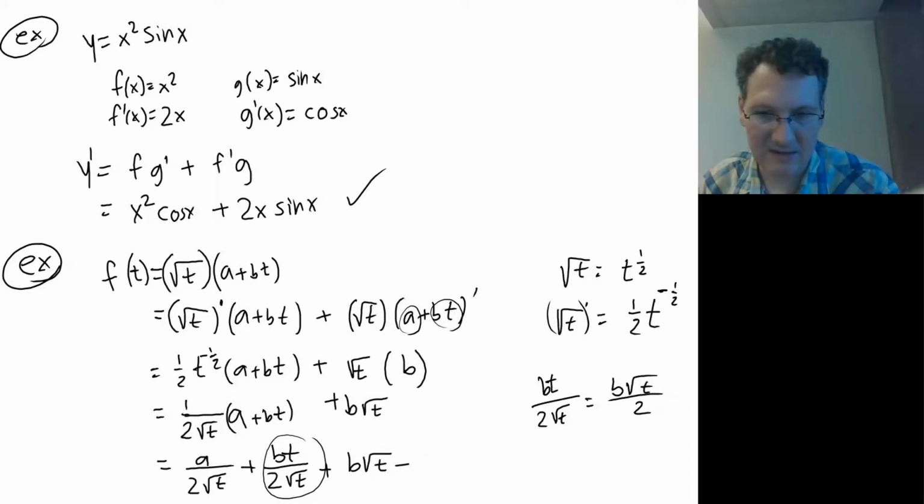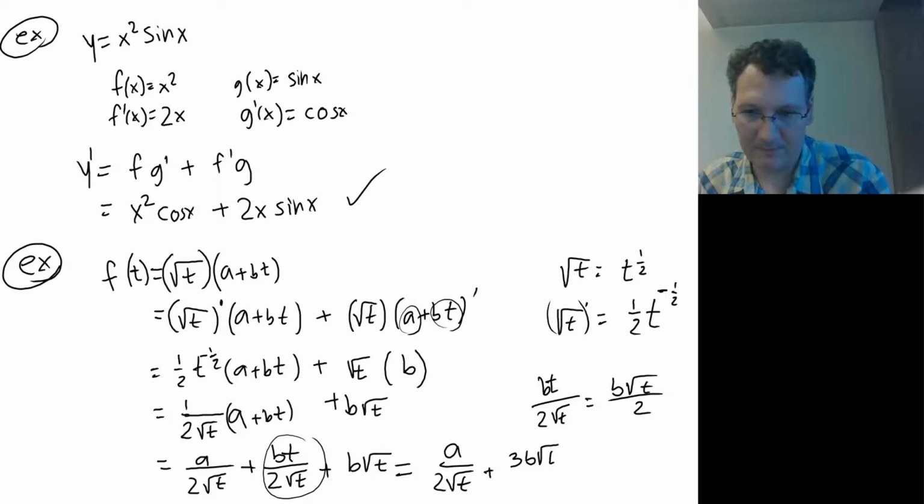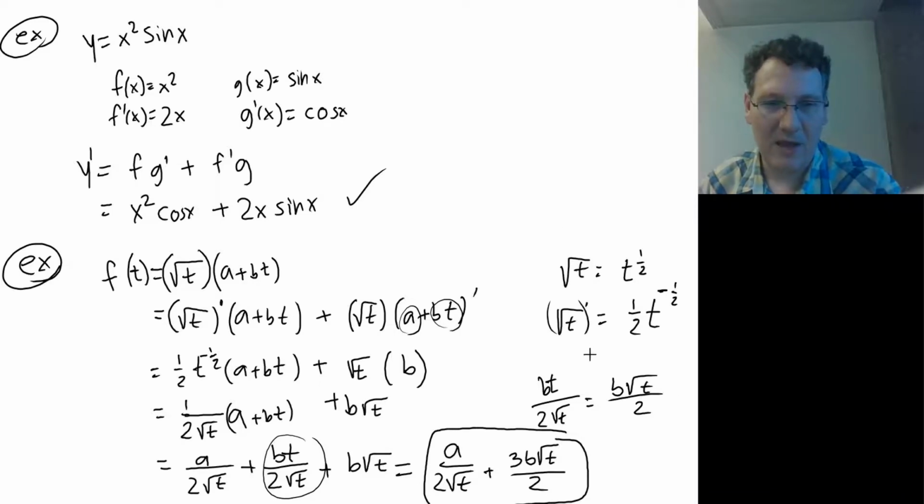So in fact, this can be written as a over 2 root t plus b root t over 2 plus b root t, which is 3b root t over 2. This is my answer. Although I could have stopped right here if I wanted to, but still, that's fine.